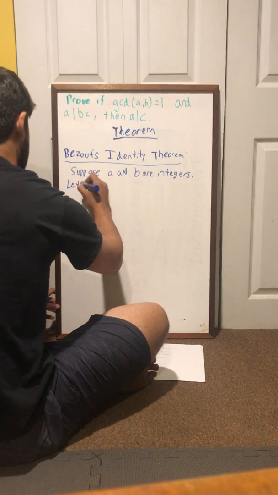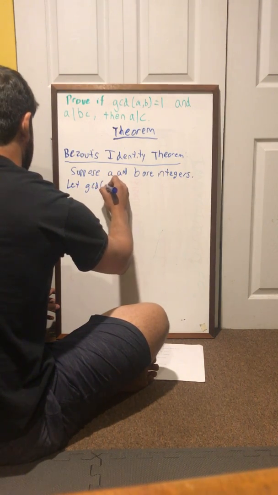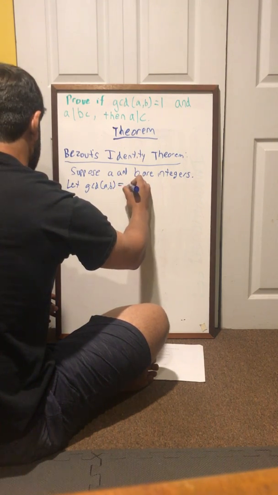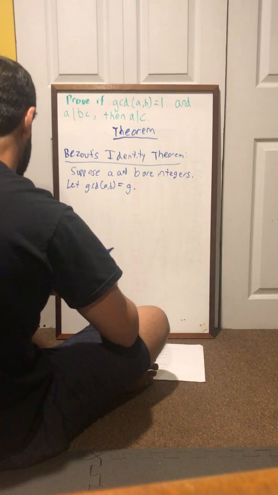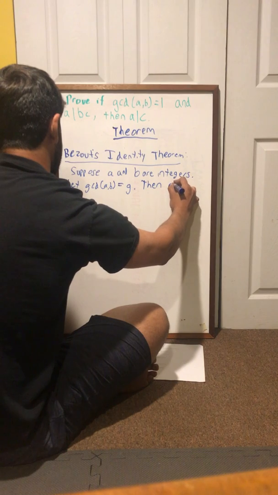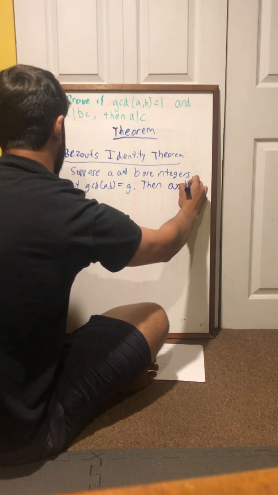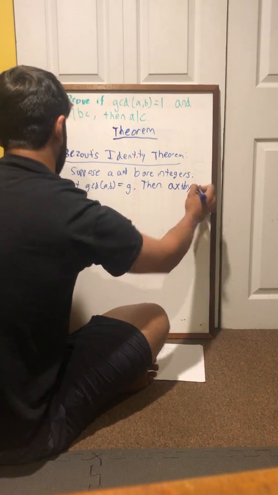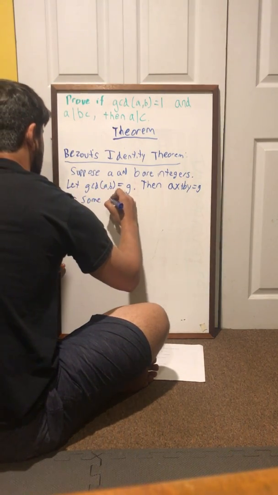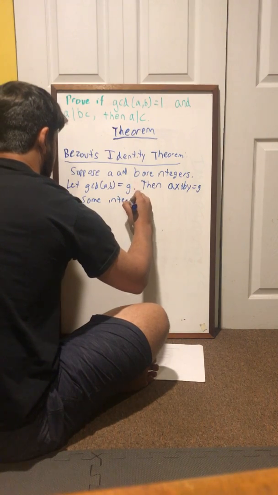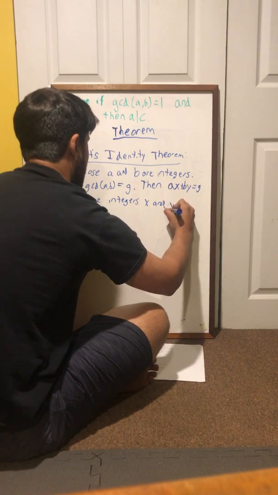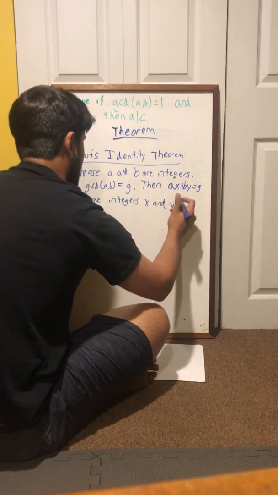Let GCD of AB equal G. Now we're going to say then AX plus BY equals G for some integers X and Y. Okay?